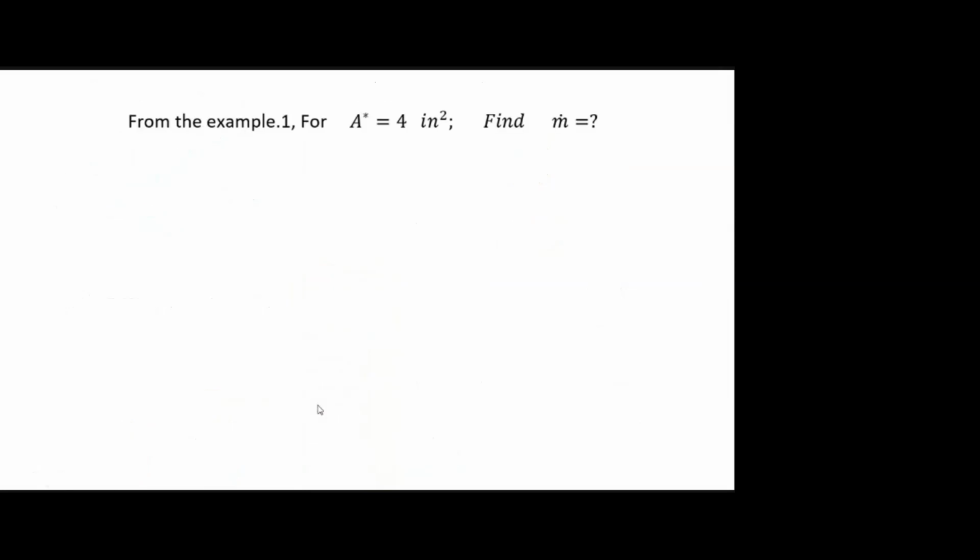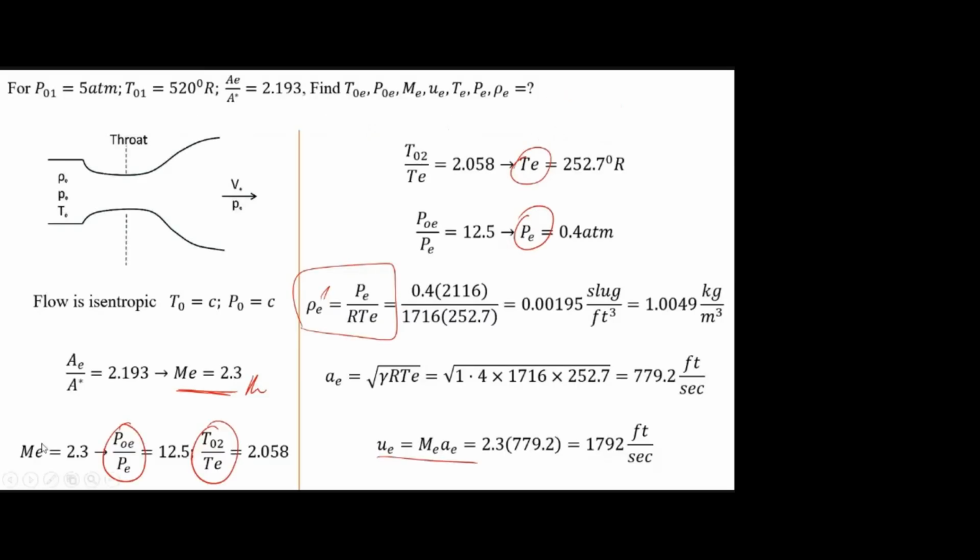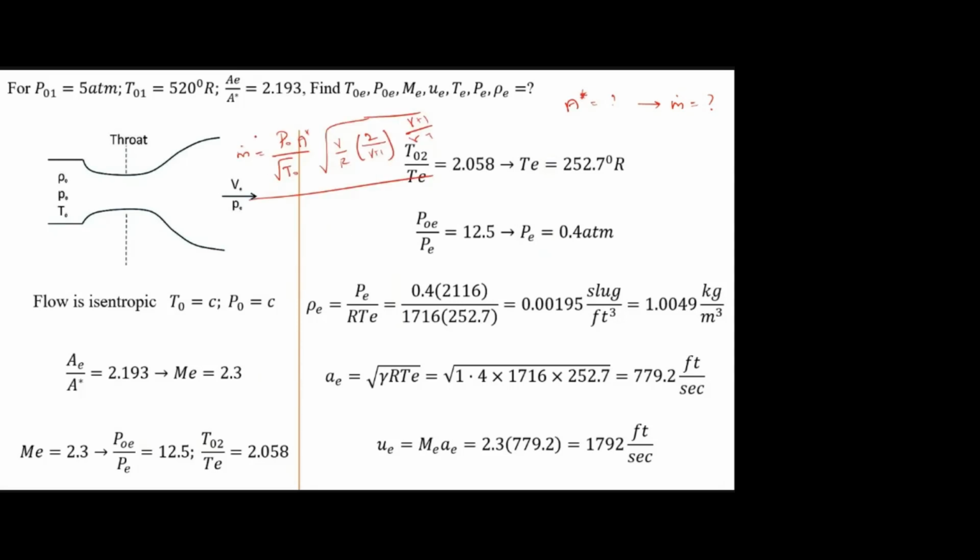For the same problem, they have given A star. We have to find M dot. Okay, so this problem we solved. For the same problem, they are giving A star. Using that, you have to find the M dot. Now, what is the procedure? Yes, sir. Okay, so you have P naught, you have T naught, gamma, R, A star also given. You can find M dot.